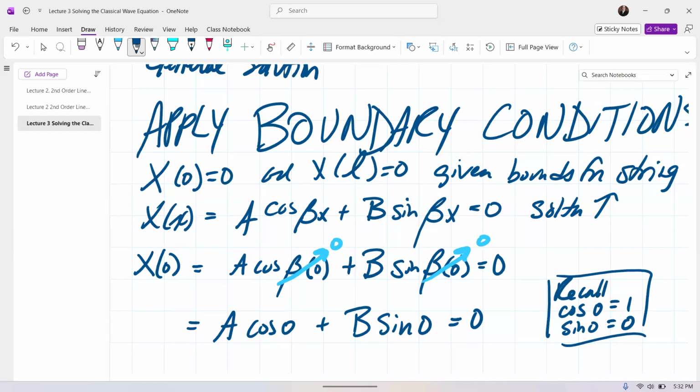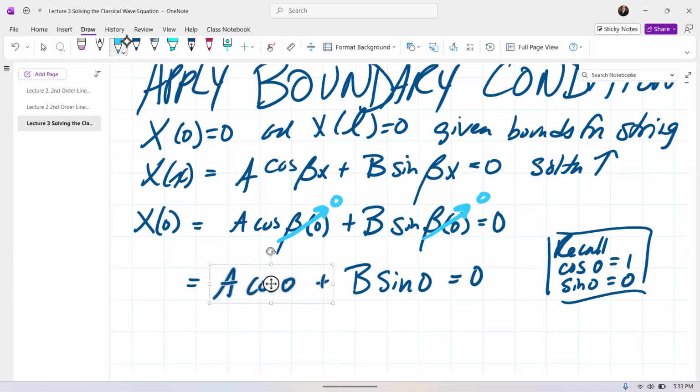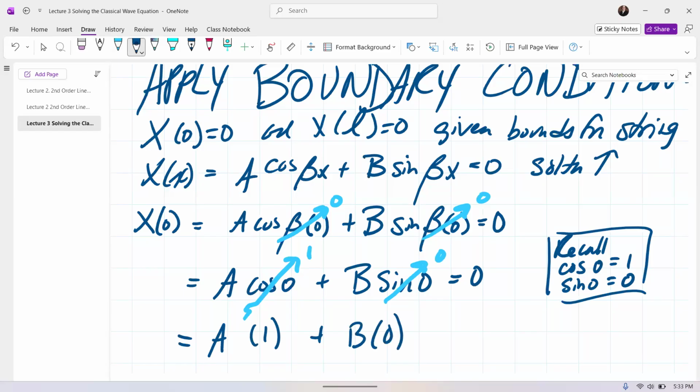So we can remember those facts, and by remembering those facts, we can simplify this even more. Cosine of 0 is 1, and sine of 0 is 0. So in other words, what we have is a times 1 plus b times 0 equals 0.